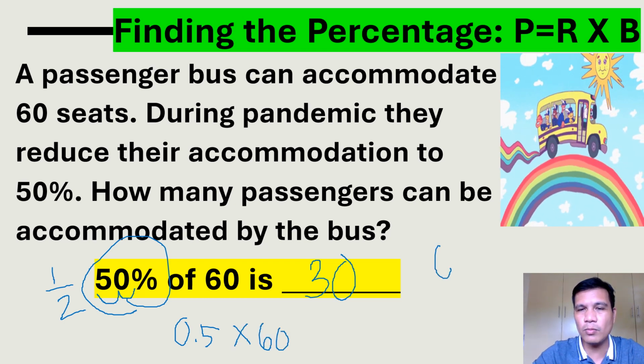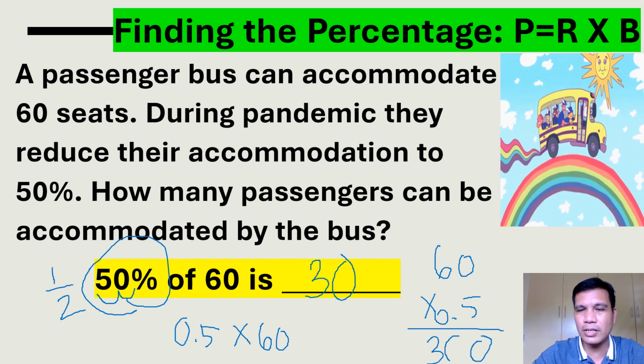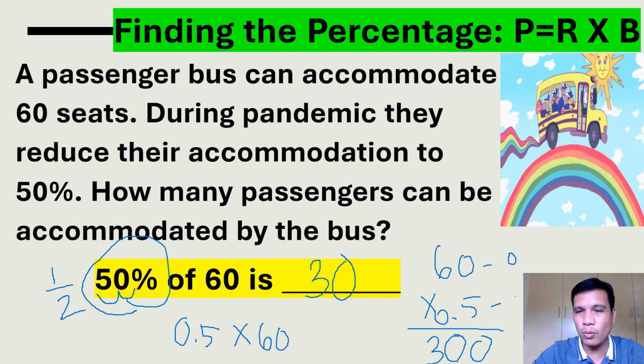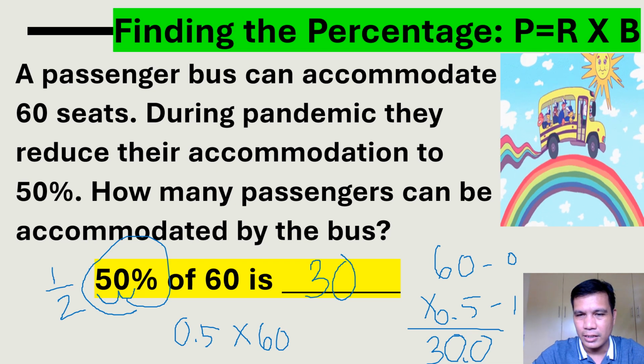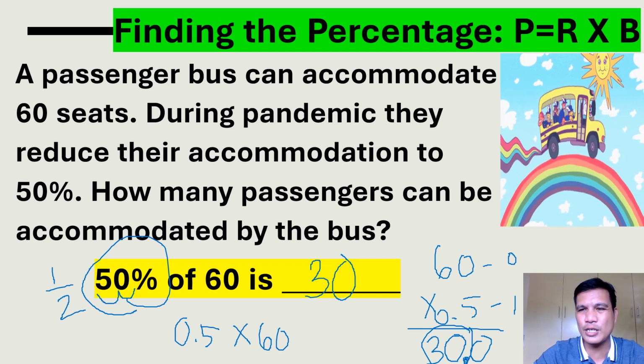If we multiply 60 times 5 tenths, what will be our answer? Let us see. 5 times 0 is 0. 5 times 6 is 30. And let us count the decimal places. None, 0 dito. Decimal places here is 1. So ang natira ay 30. Good job mga kamatters.